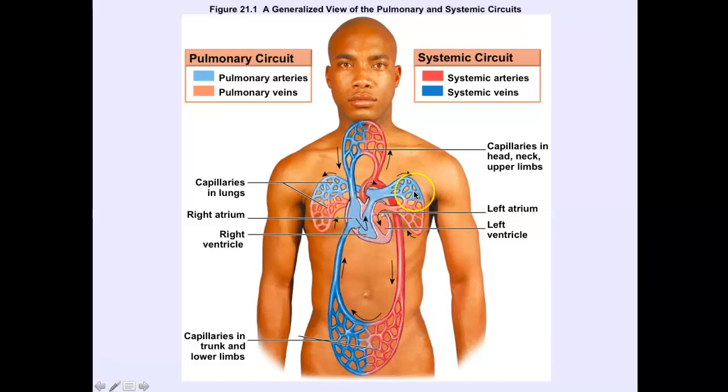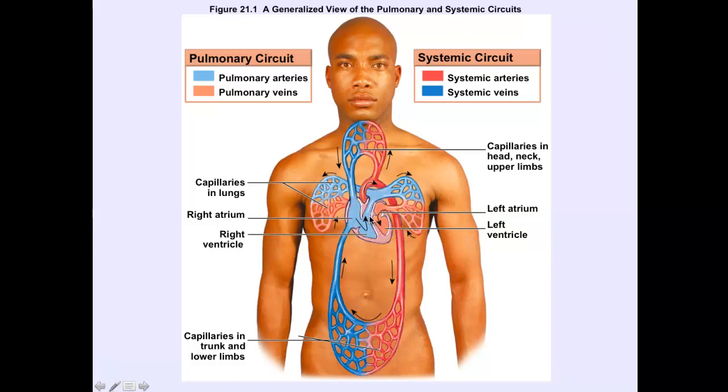And the lungs are going to get rid of the carbon dioxide waste and pick up oxygen. When the blood is oxygenated, it becomes red in color. So blue is going to represent deoxygenated blood, and red is going to represent oxygenated blood. And that oxygenated blood is going to come into the left side of the heart, and then the left side of the heart is going to pump it to the whole body.